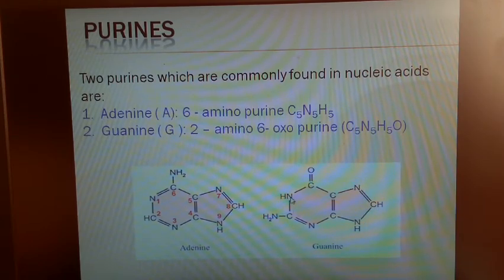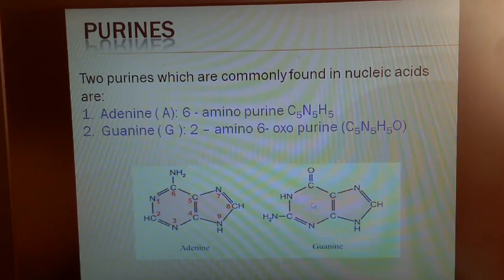This is 1, 2, 3, 4, 5 and 6. 6 oxo, so it is a double bond O. And 2 amino, since the second carbon has an NH2 group. So on the 6th carbon we have a double bond O. So it is 2 amino 6 oxo purine.